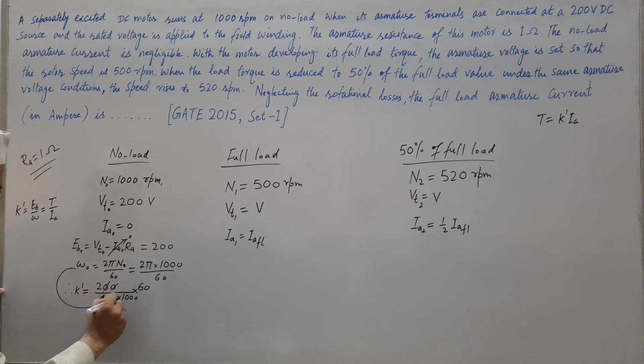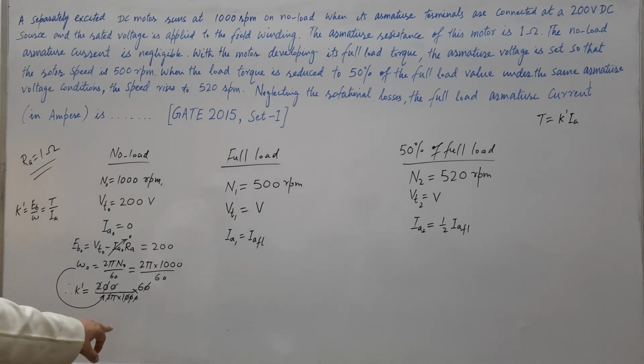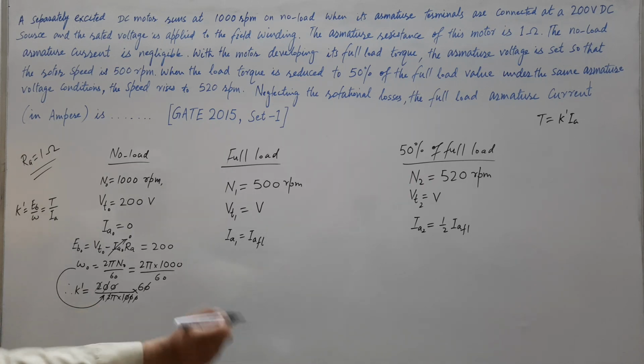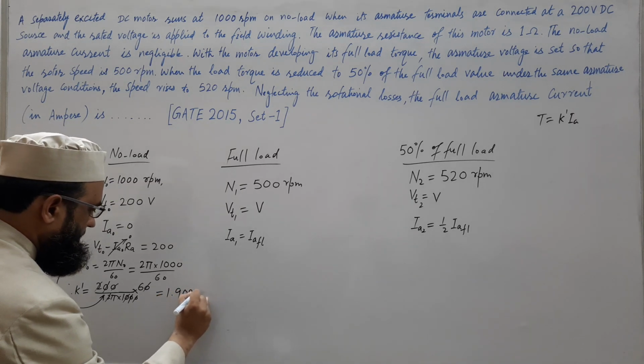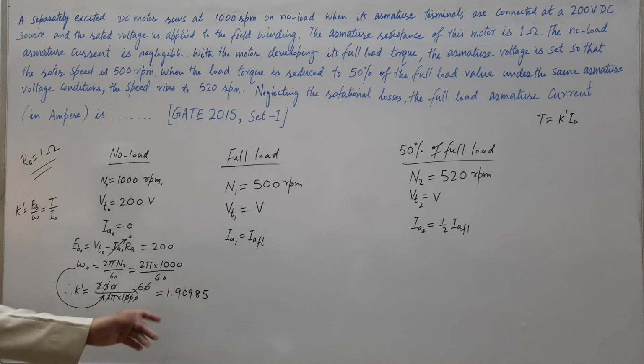This 0 will get cancelled with this 0, 2 will get cancelled, 6 by pi, right? So this is coming out to be 1.90985. K dash is coming out to be this 1.90985.